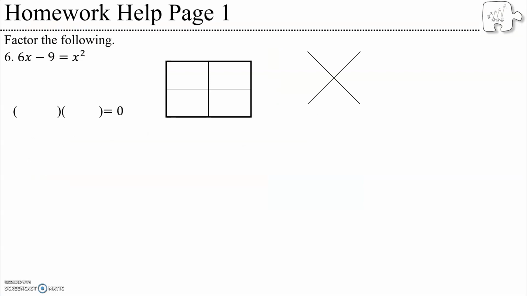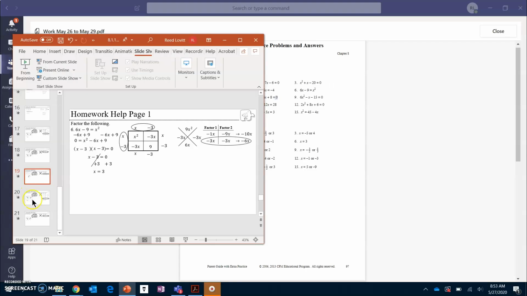We're going to start off with problem 6, and we're going to do these the exact same way that we were doing them yesterday, which is pretty similar to how we were doing them quite a while ago.